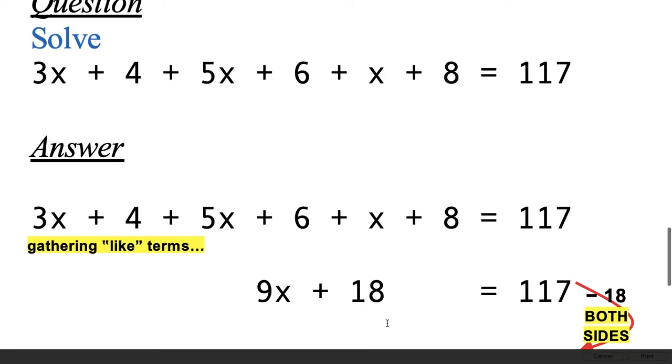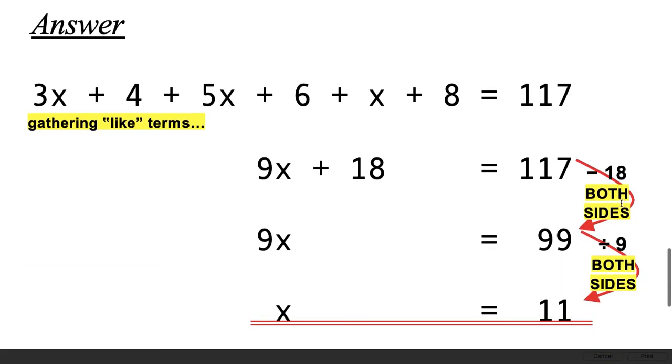So gathering like terms, 9x plus 18 equals 117. I'm going to take away 18 from both sides to get the bit with x on its own. So 9x equals 99. And then I don't want to know what 9x's are. I want to know what a single x is on its own. So I divide everything by 9 both sides to get x equals 11.